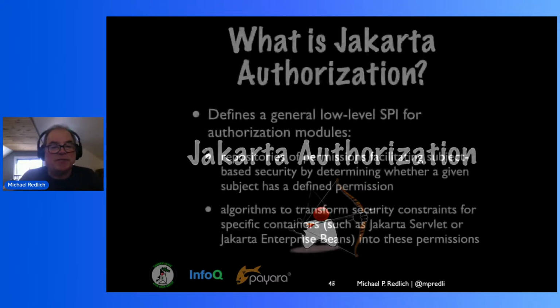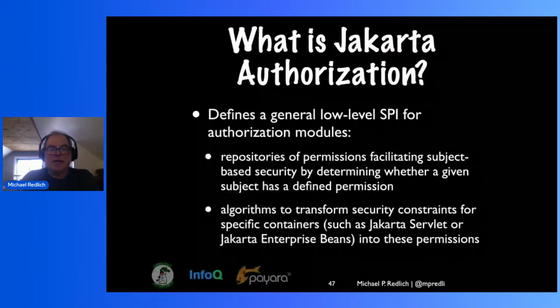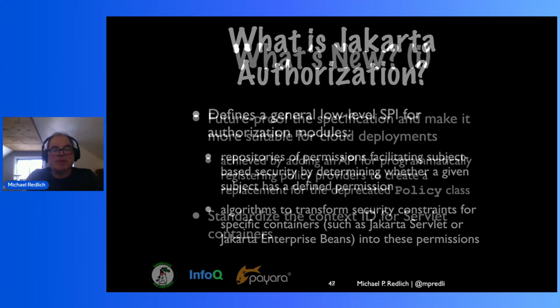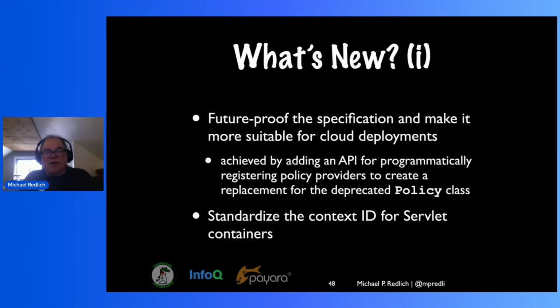Jakarta Authorization. It's the same thing: once somebody has been authenticated, this is a way to define, okay, Mike, what are your roles in this application? Usually it's something like admin or user, right? What's new in here is a way to future-proof the specification and make it more suitable for cloud.